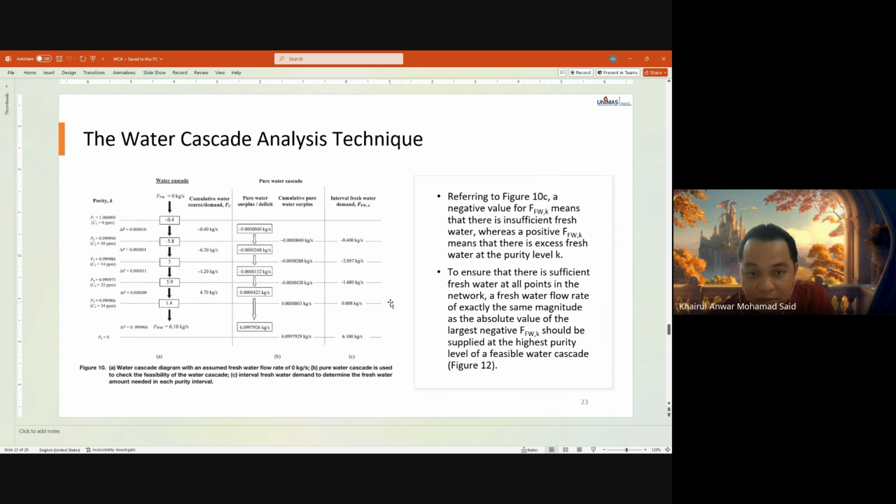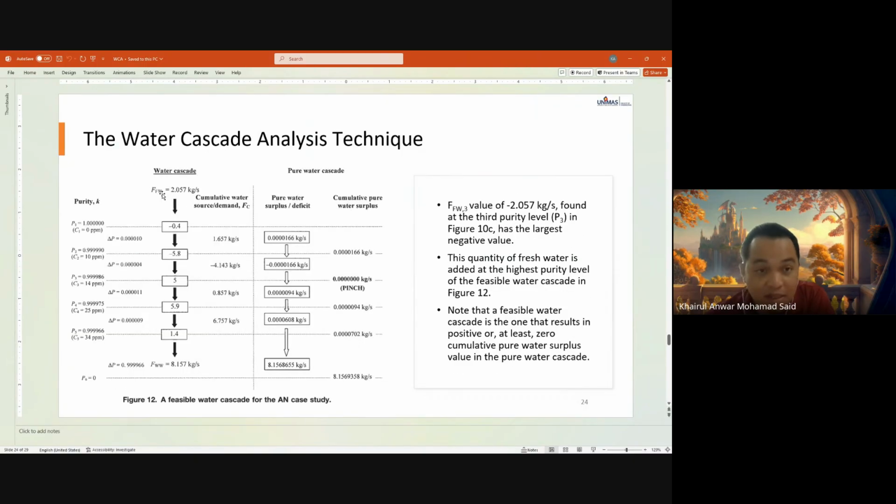So next, choose this value as the freshwater feed: 2.057 kg per second minus 0.4, then you have 1.67, minus 5.8, then negative 4 plus 5, and so on.